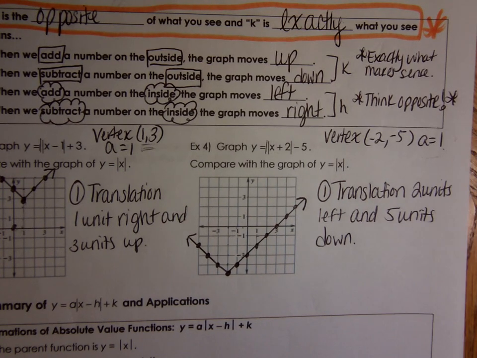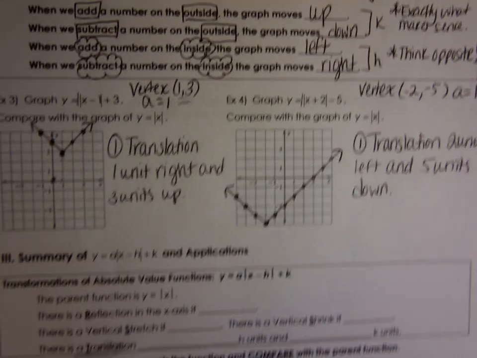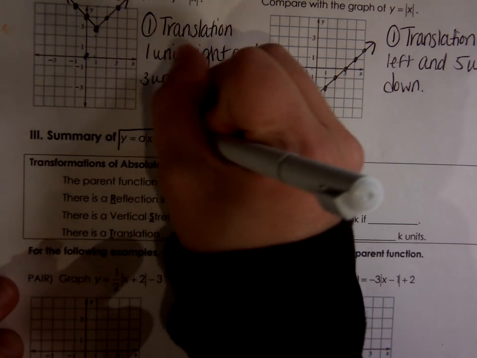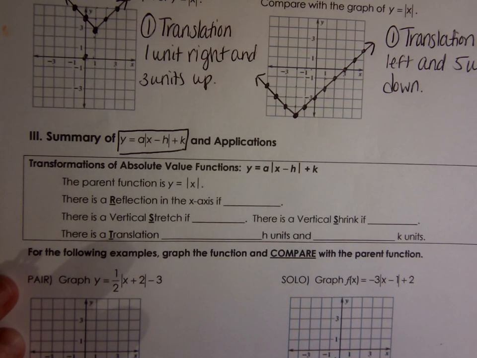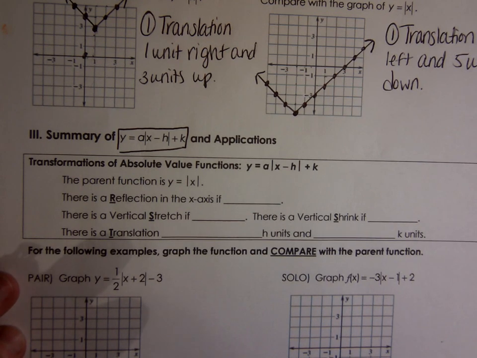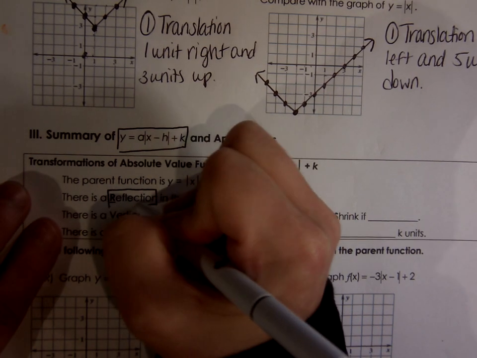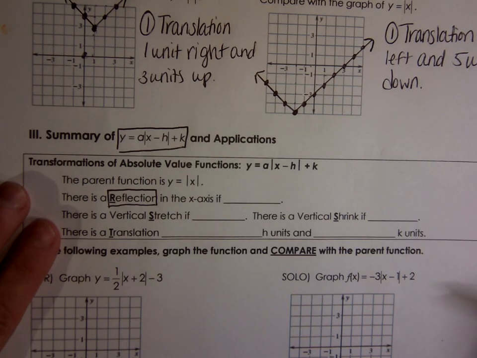So to recap what I taught you in terms of graphing functions in the form of y equals a times the absolute value of x minus h plus k, a few things that I need you to know when you're comparing it to the parent function. Number one, there is a reflection in the x-axis if our a value is negative.